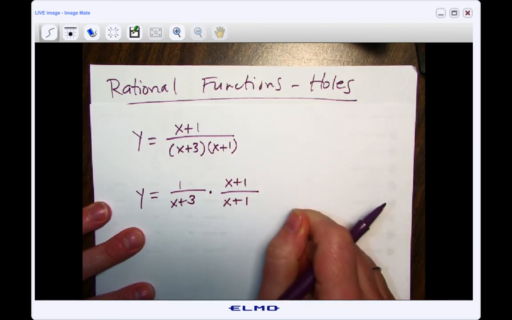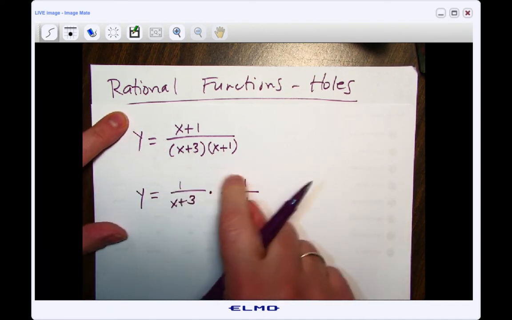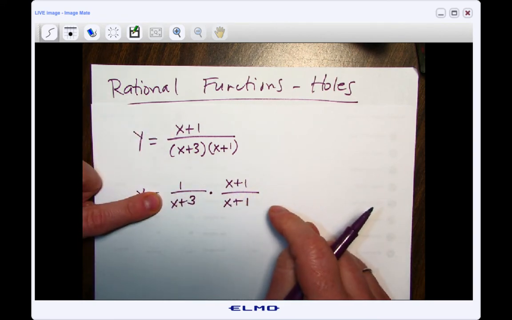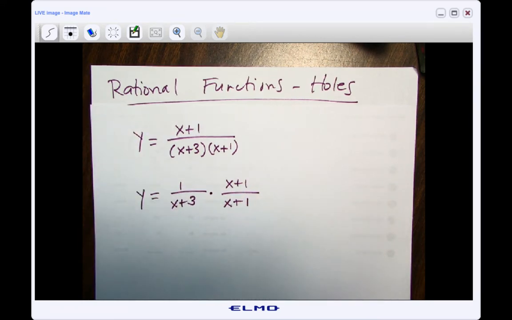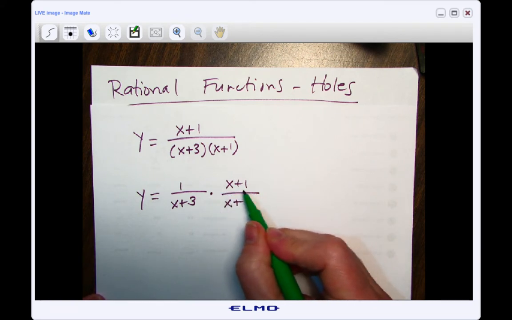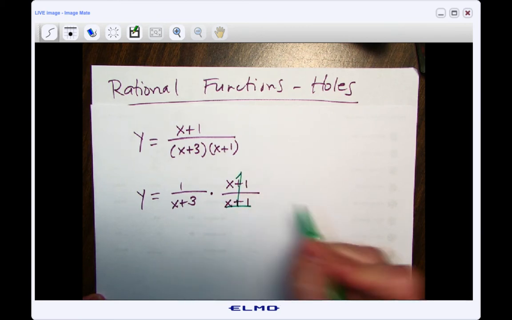Now, hopefully everybody sees that these two things are actually the same because when you multiply fractions together, you multiply the tops and the bottoms. So this and this are actually the same thing, right? Well, when we think about this little fraction here, hopefully everybody sees that it's x plus 1 over x plus 1, and anything over itself is actually equal to 1, right?